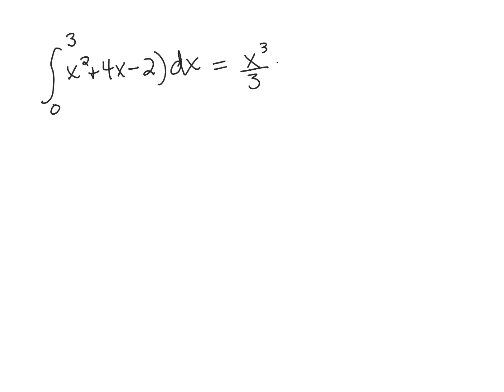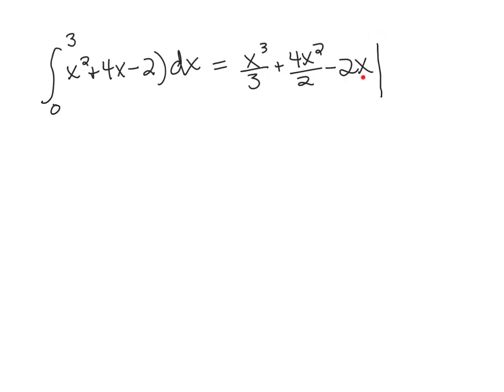So if you have a definite integral from, let's say, 0 to 3 of some function, you're going to do exactly what you did in the last section. You're going to integrate. We're going to not have the plus c because we're going to take those x values that were our limits of integration here, and we're going to use this evaluation bar.